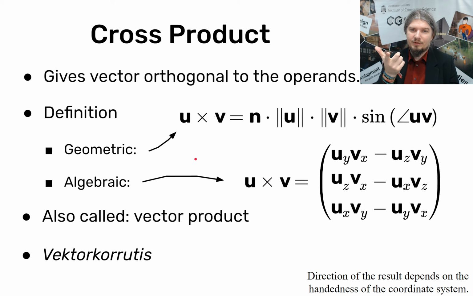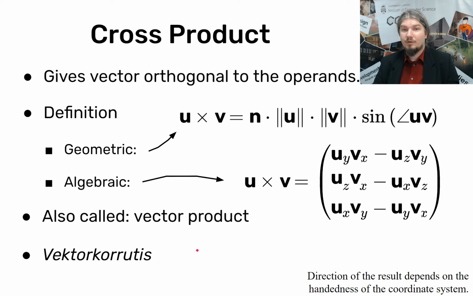But if you have two vectors and you take the cross product, then the result will be another vector that's orthogonal to the initial two. And we'll see soon which way it is pointing, because you have two choices. It could be orthogonal this way, pointing upwards, or pointing downwards. But we'll see how to detect this. This is also called vector product, and in Estonian vector korrutis.